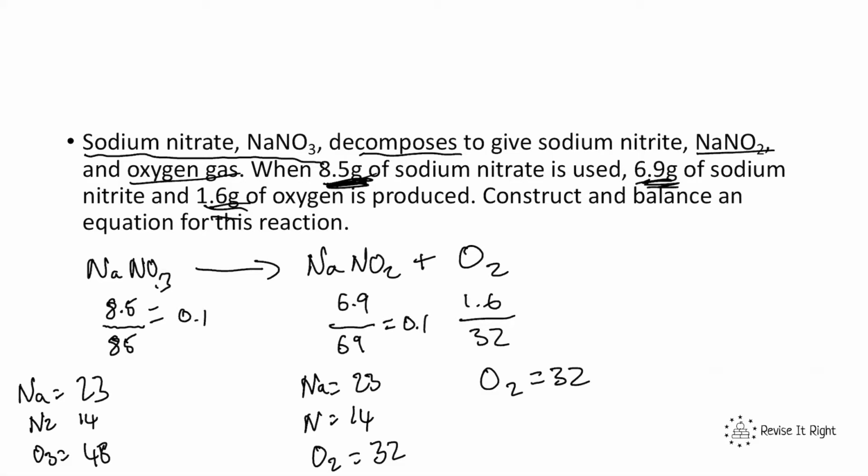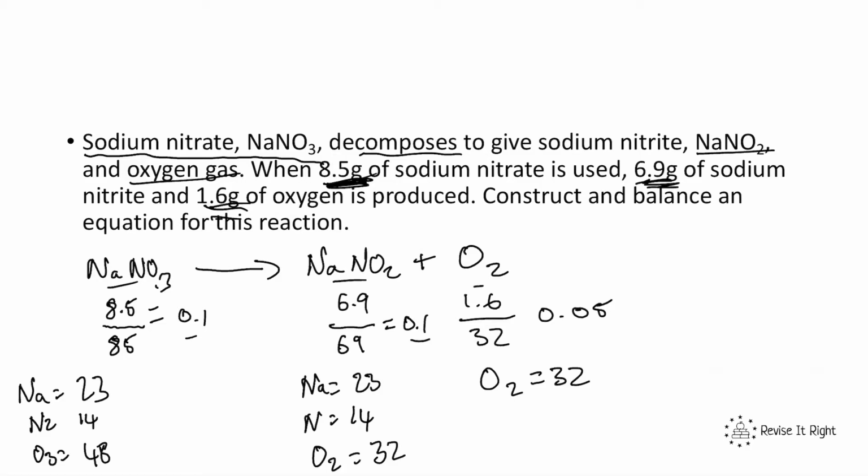And 1.6 divided by 32 gives 0.05. What that tells you is that 0.1 moles of sodium nitrate reacts to give 0.1 moles of sodium nitrite plus 0.05 moles of oxygen.